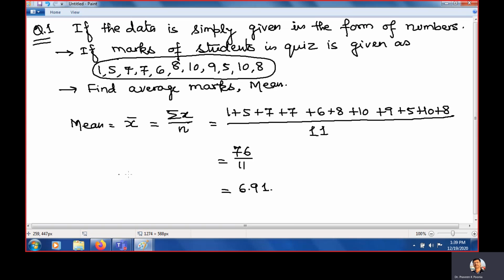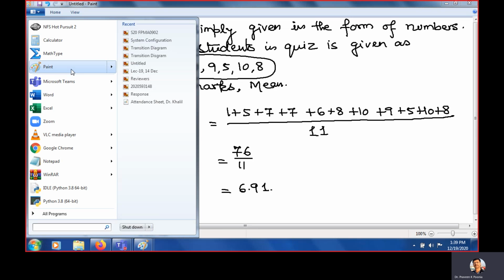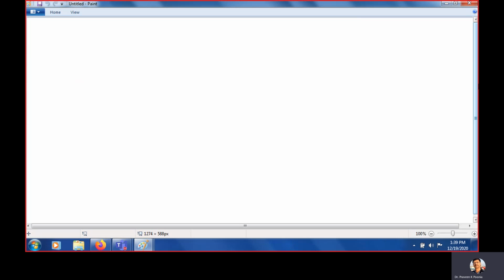So that is the first type of mean, when simple numbers are given. Clear? But if the observations are more, type 2. That was type 1, now type 2. If observations are more, clear?